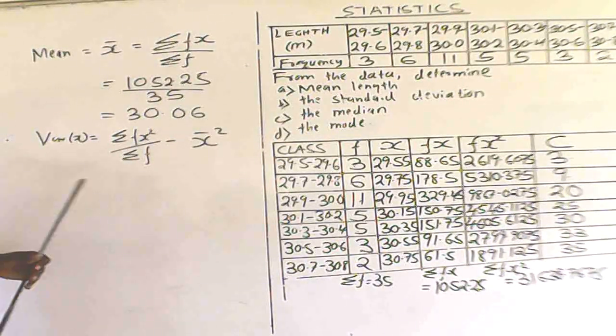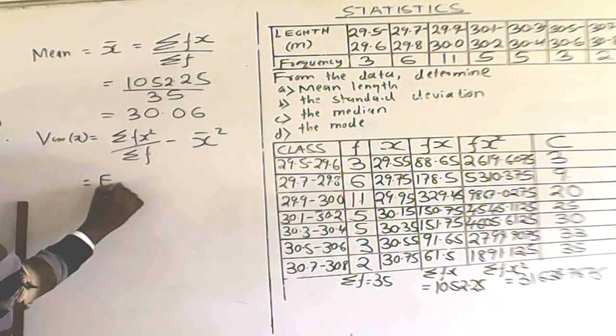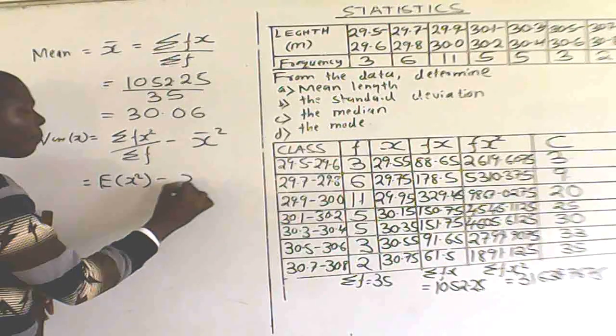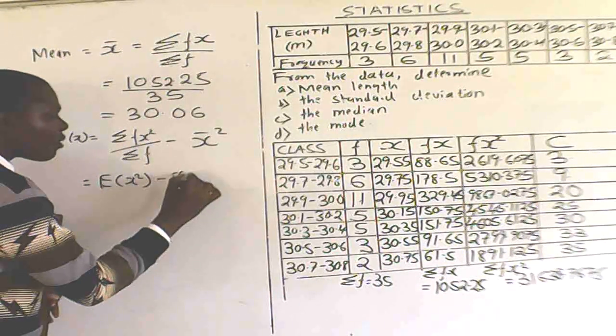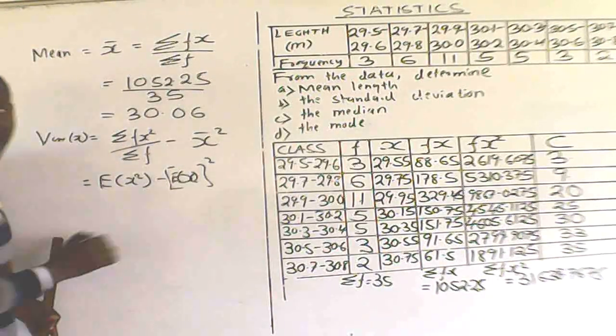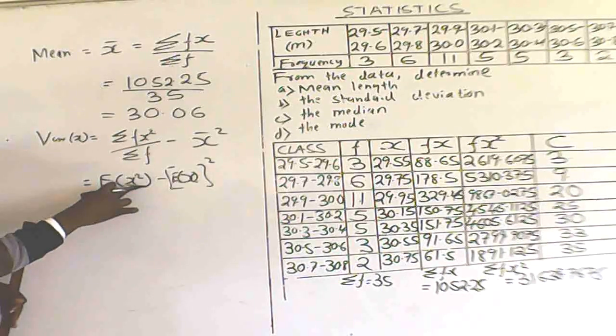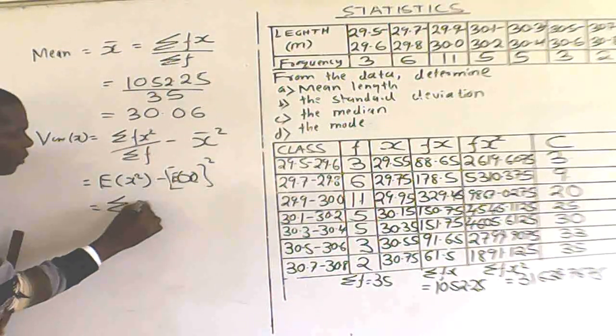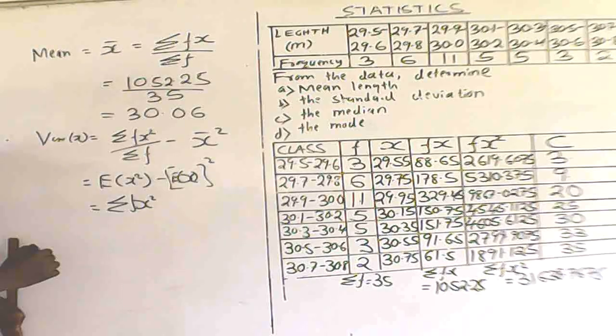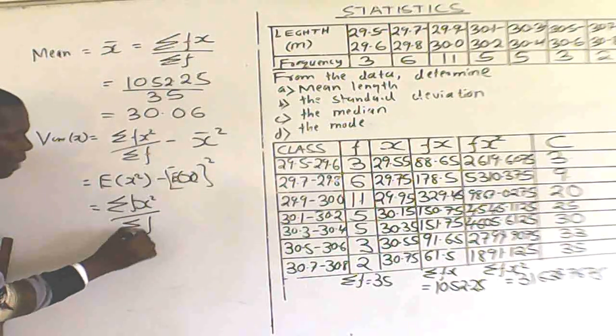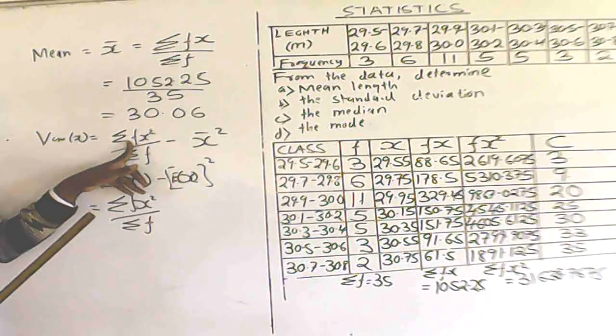If you are getting variance, it is like saying it is expected value of x squared minus expected value of x, which is the mean, then squared. So expected value of x squared means the mean of x squared. The mean of x squared means you are summing up all the x squared and dividing by their total number. You get that, isn't it?